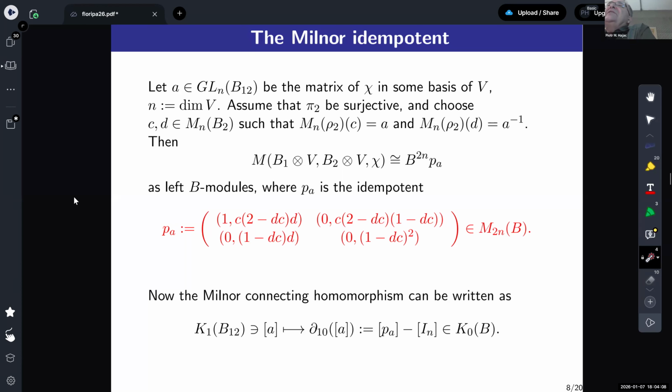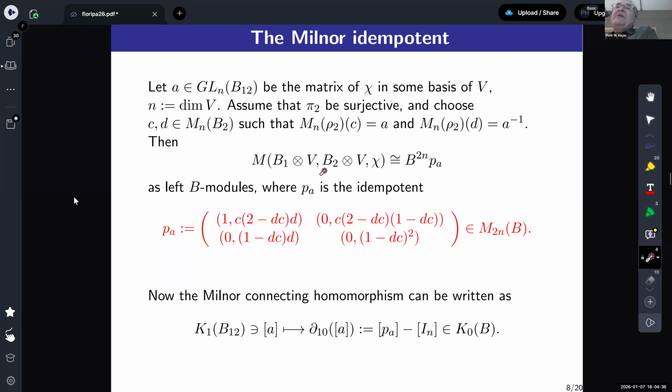I have an invertible matrix over the sister algebra B12, and I lift it into a general matrix, not necessarily invertible, typically non-invertible, but over the sister algebra B2. And I lift it using the surjection pi2. That's it. I think the question is about the comma between 1 and the C bracket, perhaps. Yeah, okay. Thank you, Ludwig.